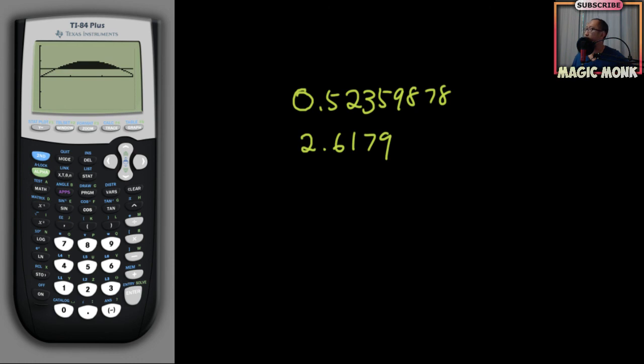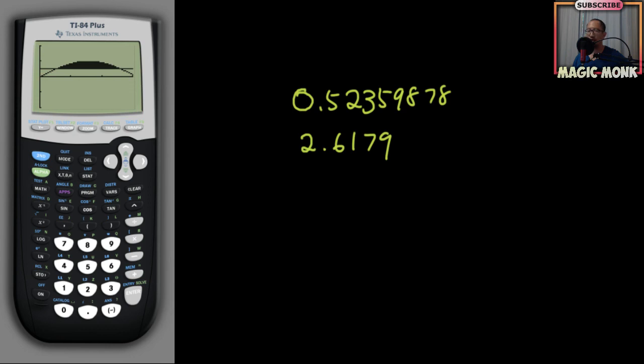Okay, but shading it does not really find the area between. So what I'm going to do first is show you how to find that area.